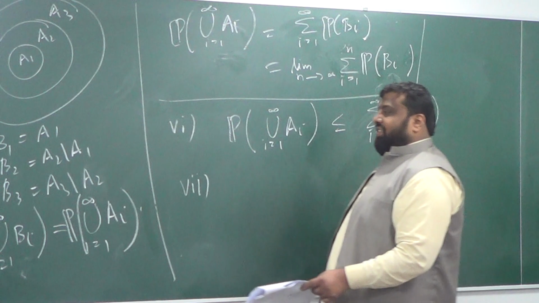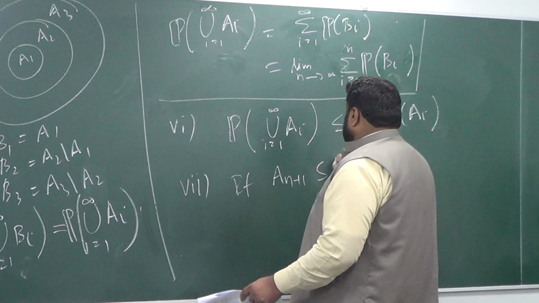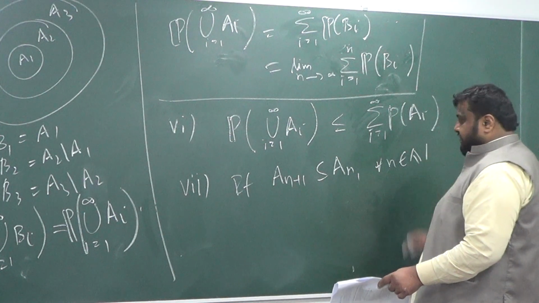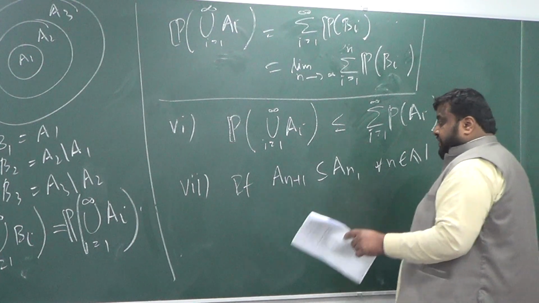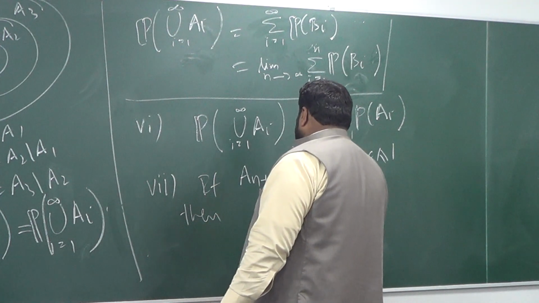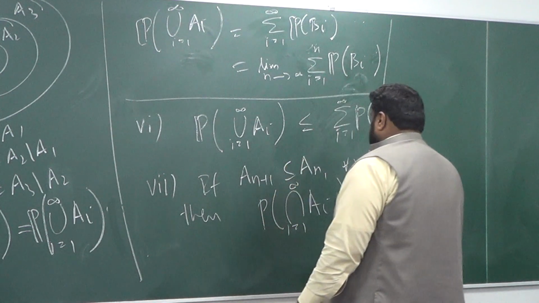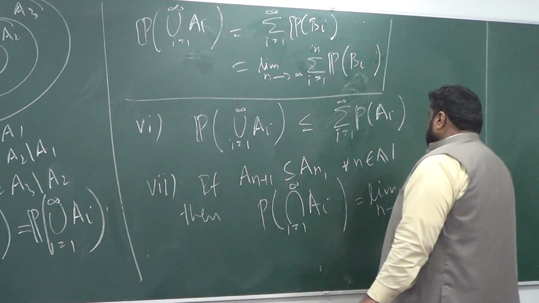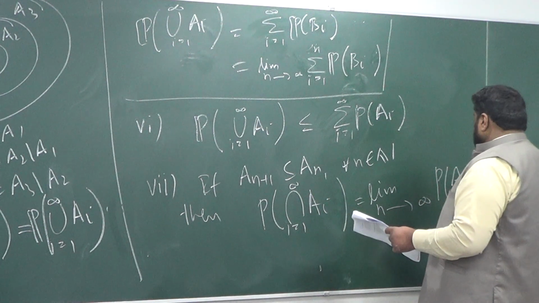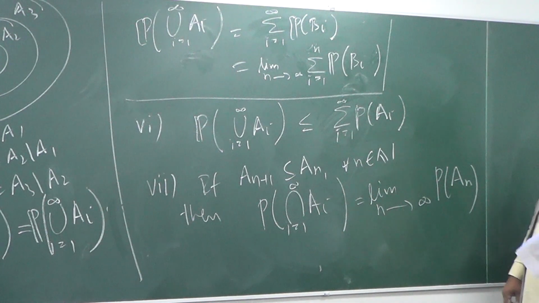So if A(n+1) is contained in An for all n in N, then what? Probability of intersection of I equal to 1 to infinity AI's is equal to the limit n goes to infinity of probability of An. So really the dual of it.